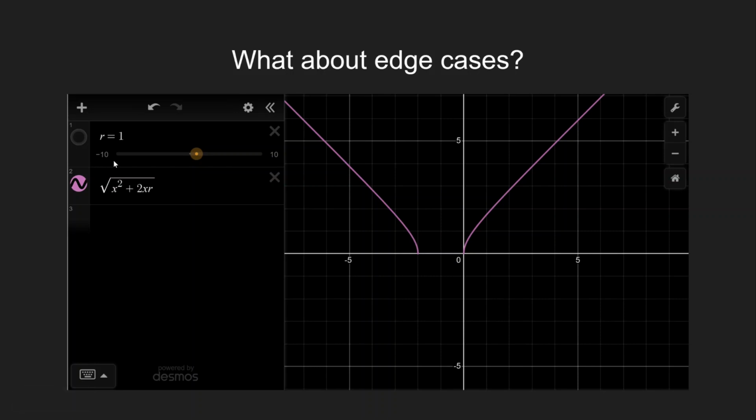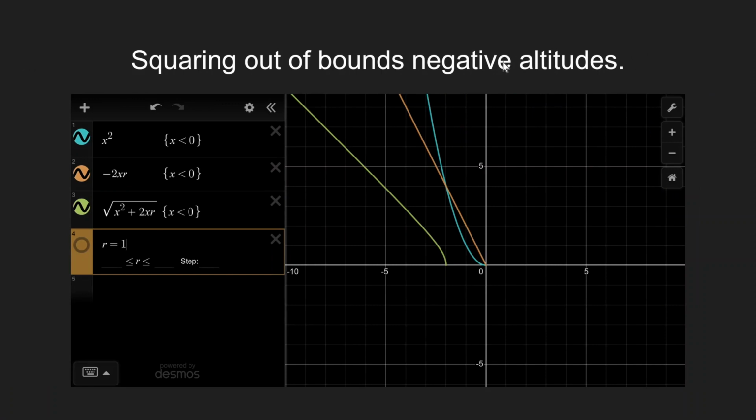Why does this happen? If we just consider what is happening when the x value is negative, in other words, when the altitude of the plane is below 0, then we see that we have this green line right here, which is our edge case we don't want.